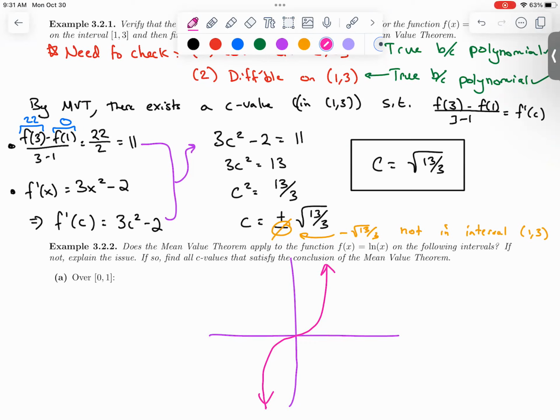From 1 to 3, it's going to look like this. That's that secant line, and you see that we have the one c value in our interval where there's a tangent line with the same slope. But there's also the one on the negative side, this one right here. So we can find multiple c values.